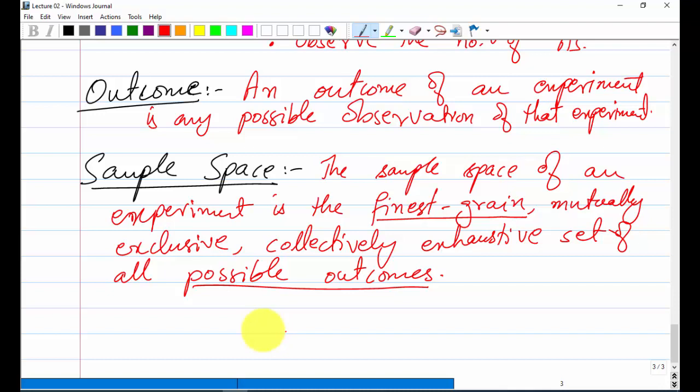If we say that S is head or tail, this is the finest grain, because we cannot reduce it any further. They are obviously mutually exclusive, and if we take them separately, they are collectively exhaustive. So this is the sample space.